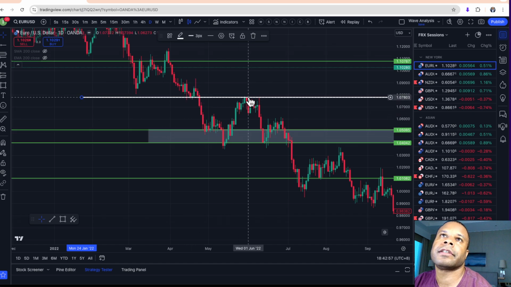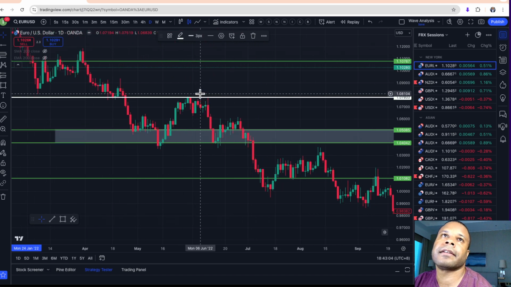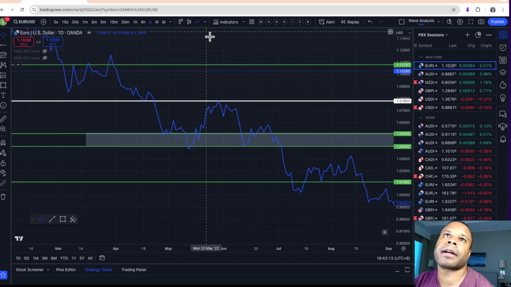Floor, ceiling. There was clearly a ceiling and floor here, right? Look at that. When this was created, right in this candle, this would have been a beautiful trade to take. Boom. Right? And so let's go back to the line chart again.